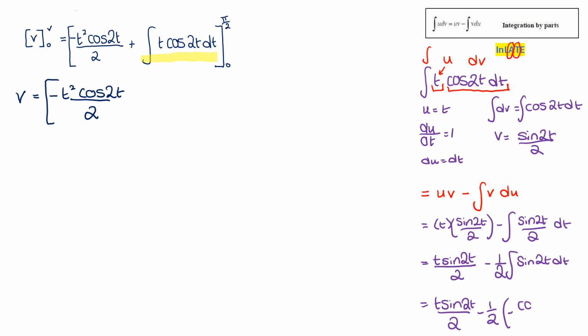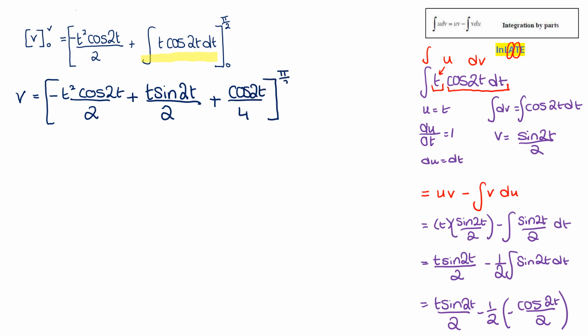Sine is going to go to minus cos 2t over 2. So when I put that back in, I get a plus t sine 2t over 2. Minus by minus is a plus, and then we have a half, so we have a 2 and a 2 on the bottom line. So we're going to have cos 2t over 4.